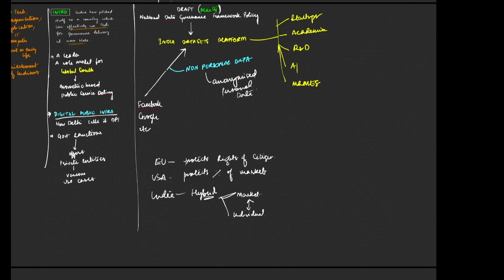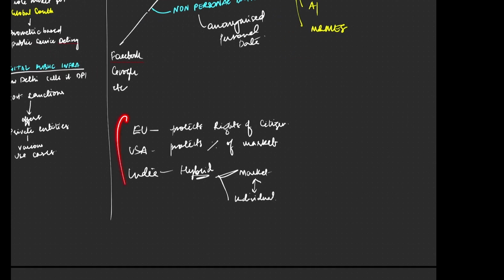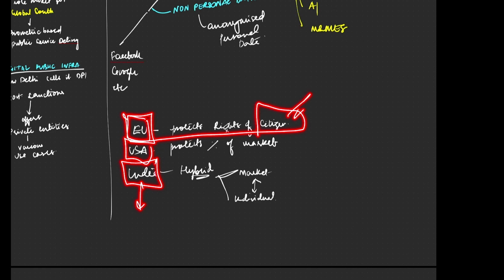Anyway, there's also this thing said by our minister, which provides a good perspective on how the world is approaching data policies. The European Union is particular about protecting the data privacy of its citizens.